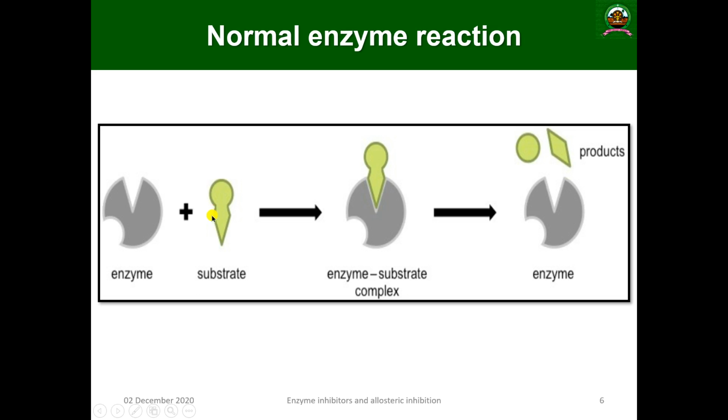The substrate binds very specifically with the pocket, and this lowers the activation energy. You can see the products are produced and detached from the binding site. This is the normal enzymatic reaction.